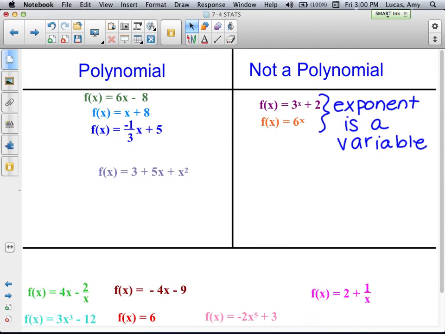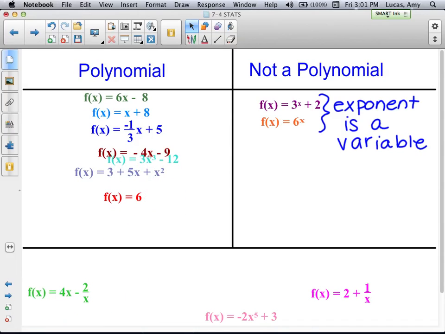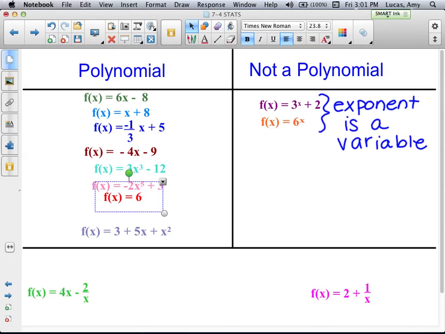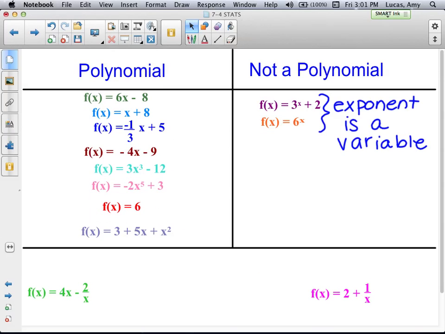The next one, this is a trinomial, another binomial, monomial, another binomial, another binomial, and two more that are not polynomials.